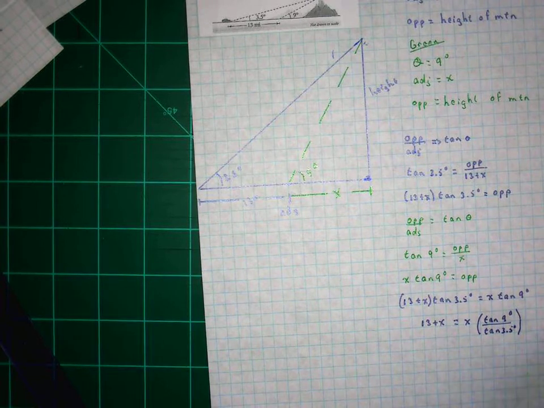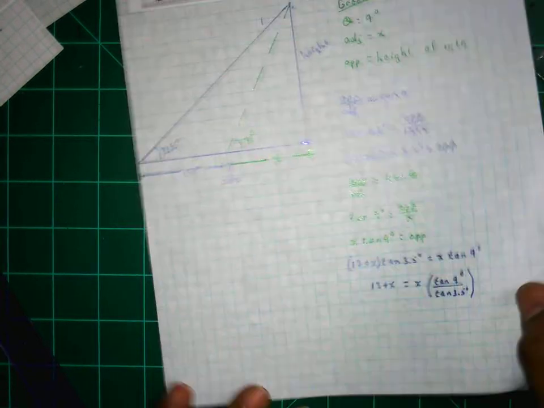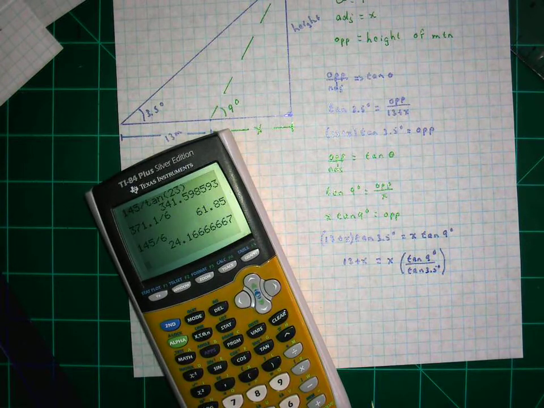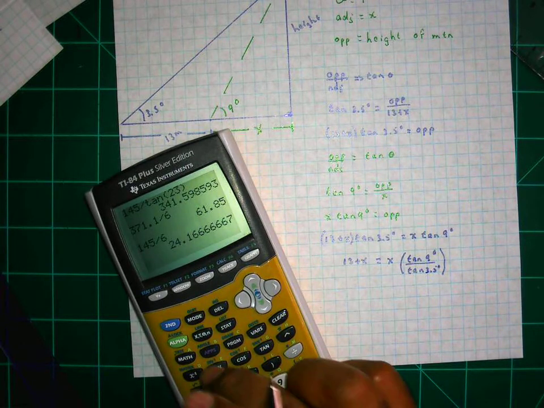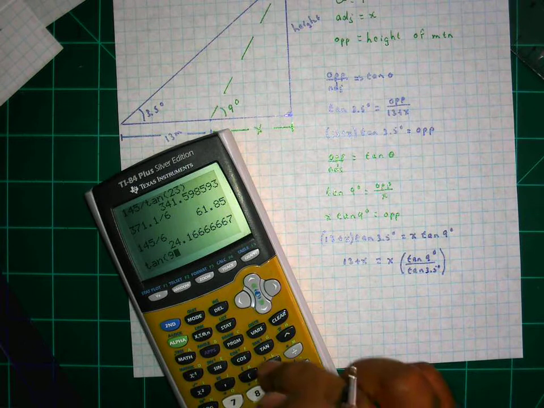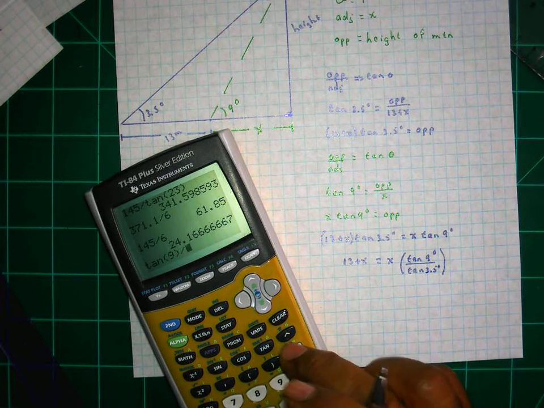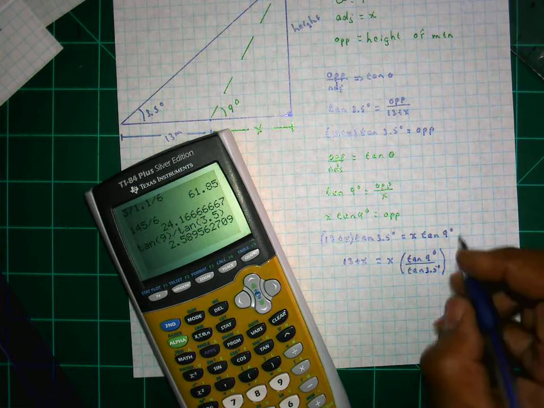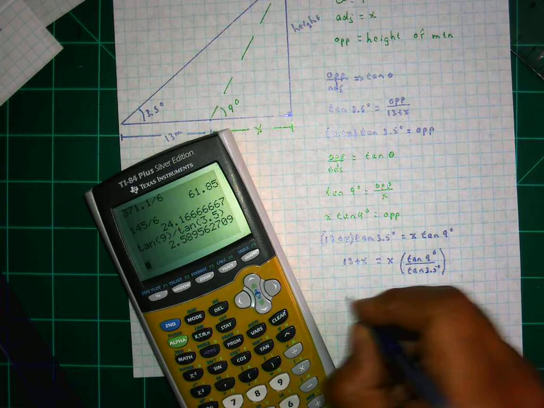Now this is a number. It may not look like it, but that's a number, and we can put that in the calculator. We have to be in degrees, so we have the tangent of 9 degrees divided by the tangent of 3.5 degrees, and that gives me this new equation.